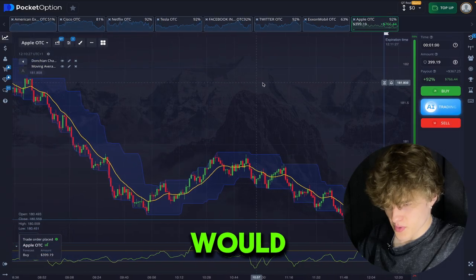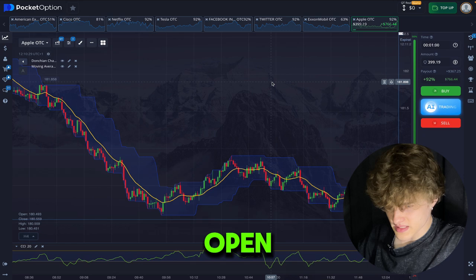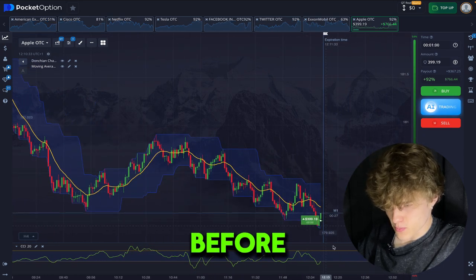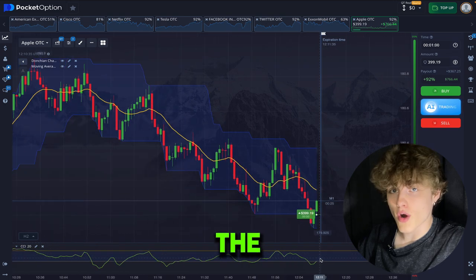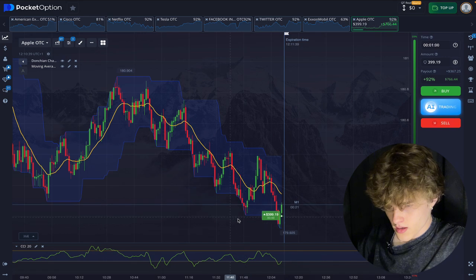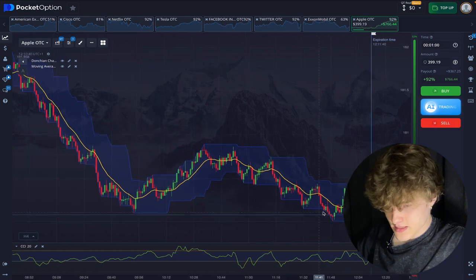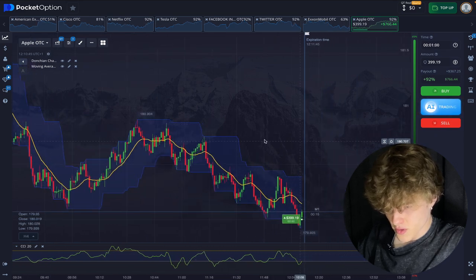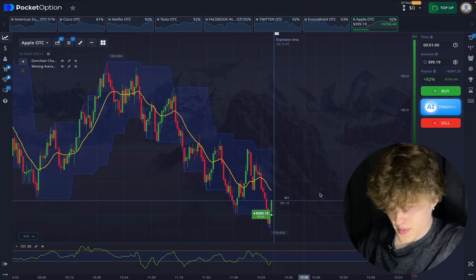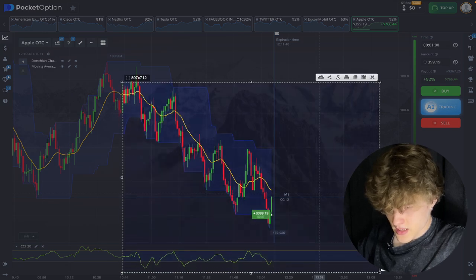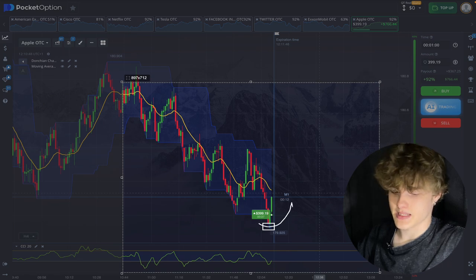And right here, I would probably prefer to open a trade on the upside. Of course, we open the trade before the moving line starts to cross the oversold area and come out of it. But based on the dynamics of movement, considering that we have a new global structure low and an extreme point is forming again, I realized that the pullback should continue and open the trade to the upside.